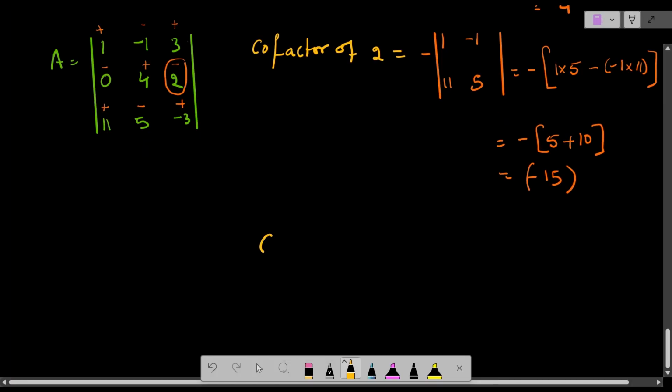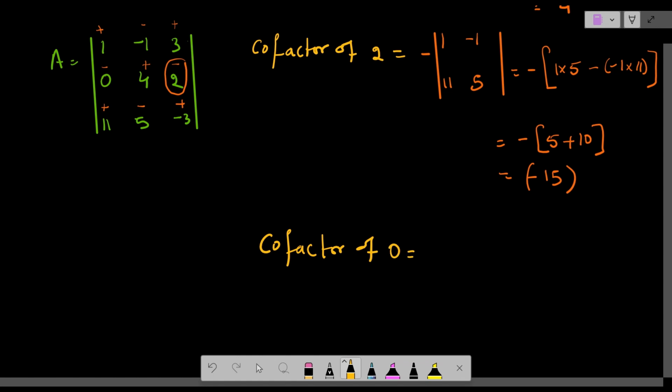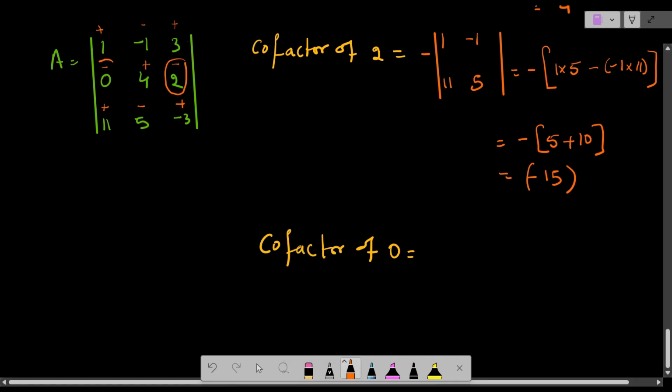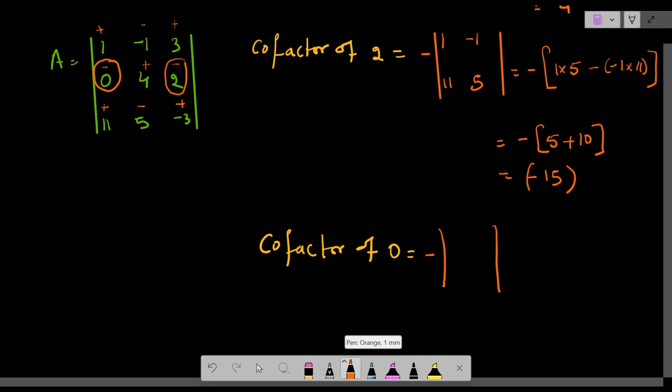So the cofactor of 0. Now the cofactor of 0, how to do this? Where is 0 here? Yes, here it is. Cofactor means the sign of an element and the minor. So what is the 2 by 2 determinant for avoiding the row and column of 0?